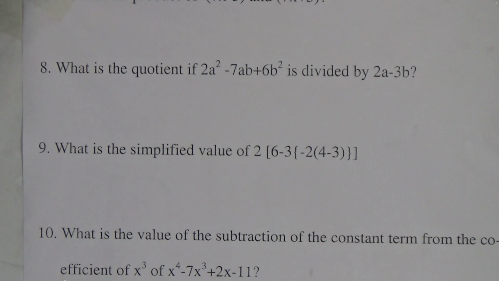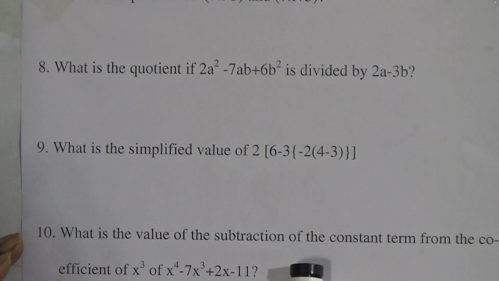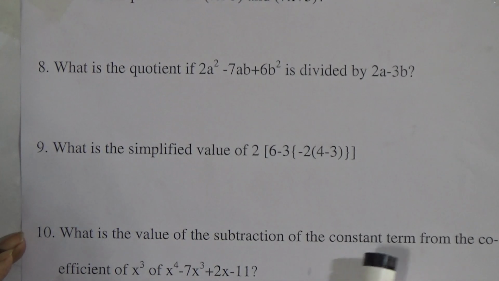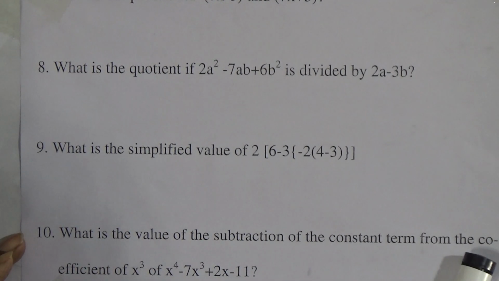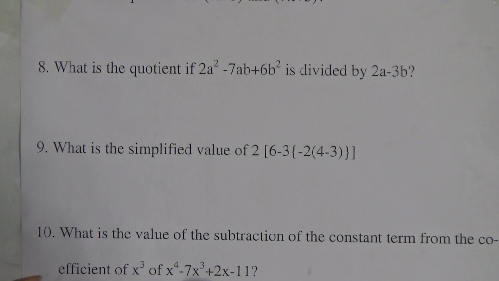Then question number 10. What is the value of the subtraction of the constant term from the coefficient of x cube of x power 4 minus 7x cube plus 2x minus 11?